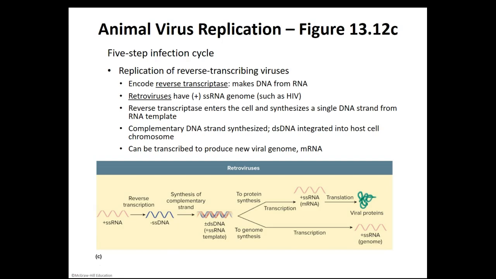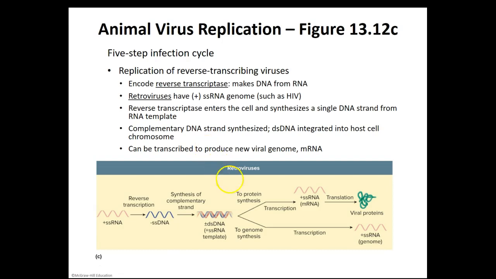Typically, once you've got that double-stranded DNA molecule, it will integrate itself into the host cell's chromosome. And that integration allows it to become somewhat of a silent genome. In other words, that host cell could replicate the DNA over and over again, and as it continues to replicate it, you will continue to see that host cell pass on the viral genome to future cells, or progeny cells.